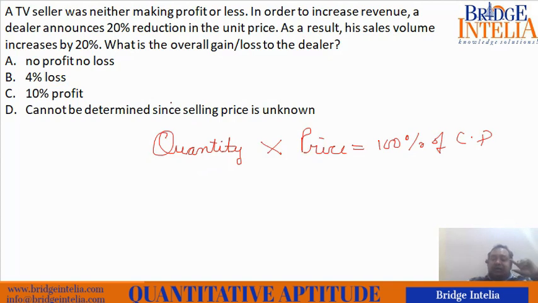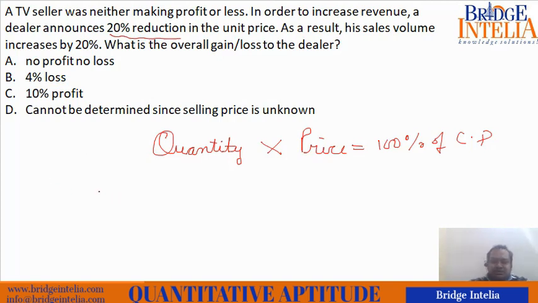Now he changed his strategy. He saw that he is not able to make any profit, neither is he suffering any loss. So what is the use of doing business? That's why he changed his strategy. What did he do? He announces a 20% reduction in the unit price.